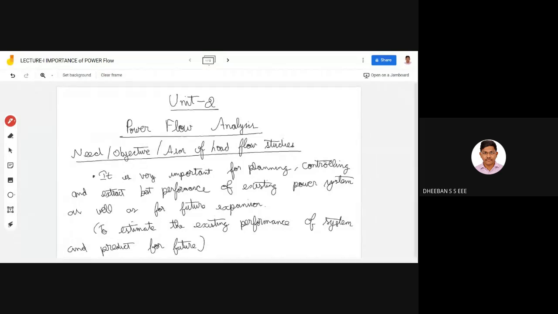Okay, what happens if the load is added? If the load flow is not affected, in the sense they'll be giving the supply to the industry. Otherwise, they'll be asking the industry to reduce their load, or they'll be asking them to schedule their load.